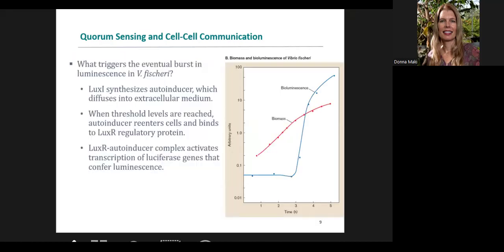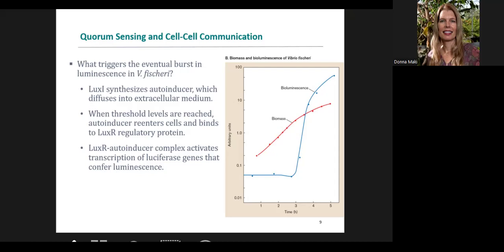So we say it's at high cell densities that this bioluminescence occurs. That's what they're trying to show here: you have to get enough of the biomass, enough cells, all close to each other doing this chemical signaling, and then that threshold gets triggered, the signal comes back in, and you start to see a real big upswing in bioluminescence.